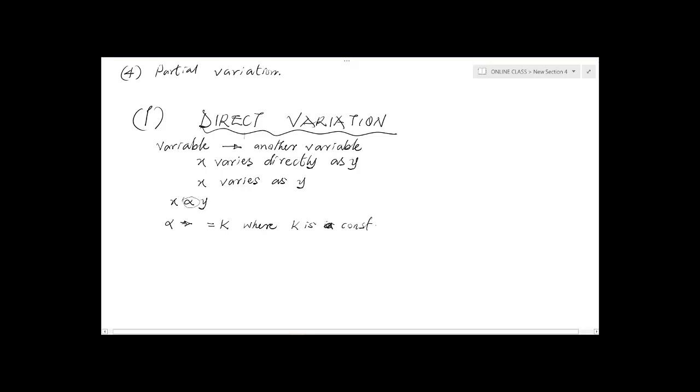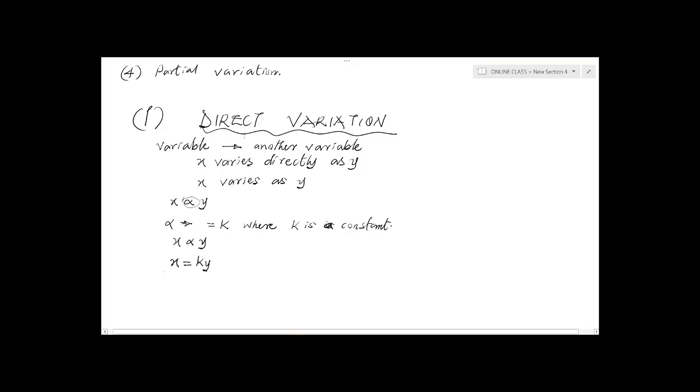You must always have a constant. So anytime you see this sign alpha, you change it to equals k. Where I have x varies as y, I will change it to x equals ky.